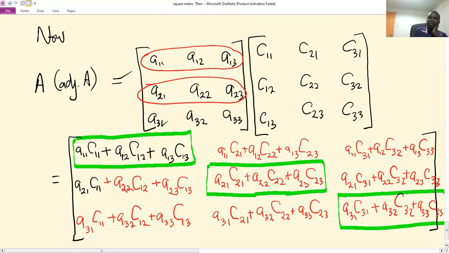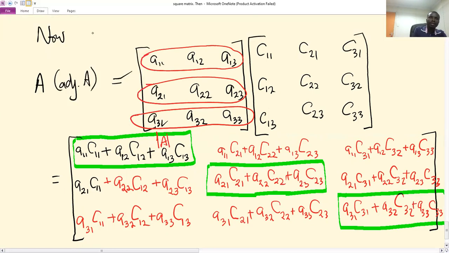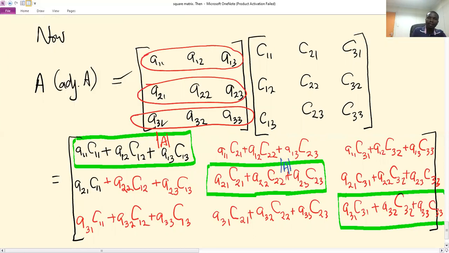A31, A32, A33, the elements along this row, multiplied by the corresponding cofactors, define the determinant. So this is the same as determinant of A, and this is the same as determinant of A.